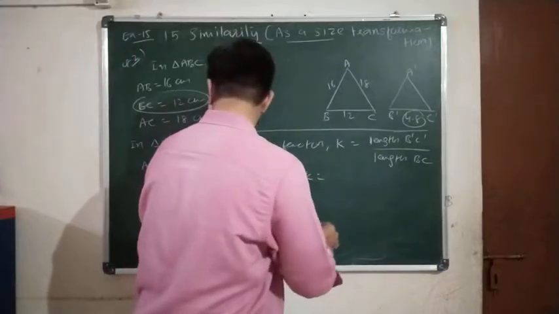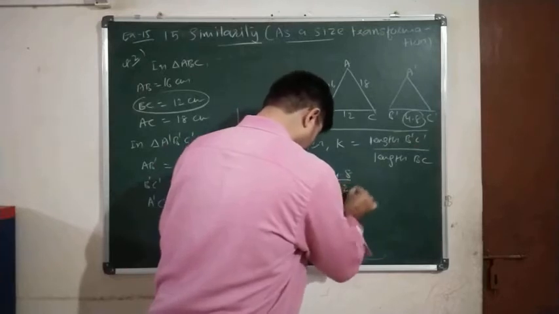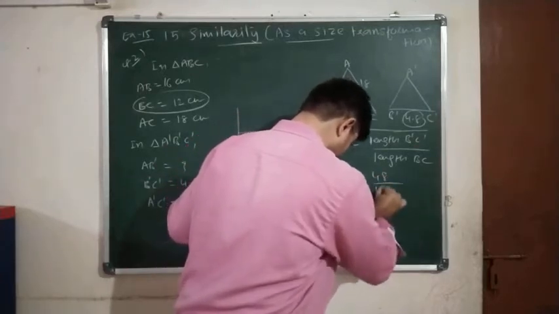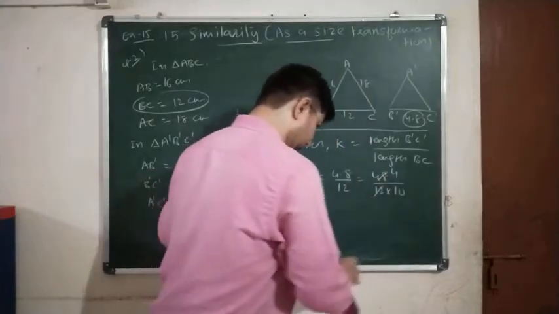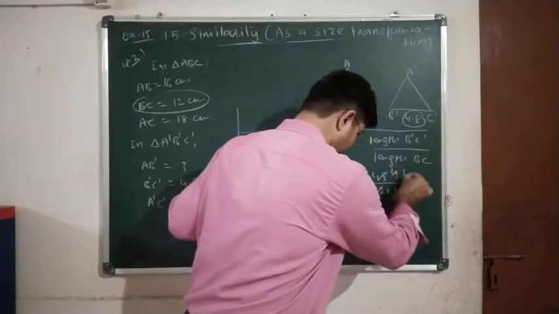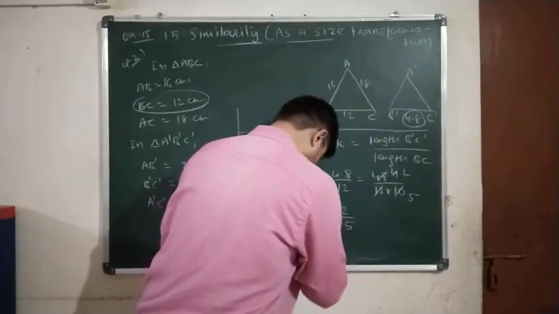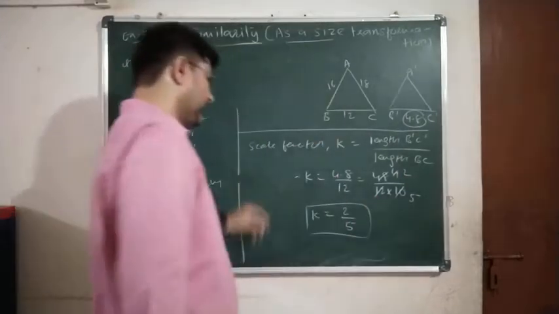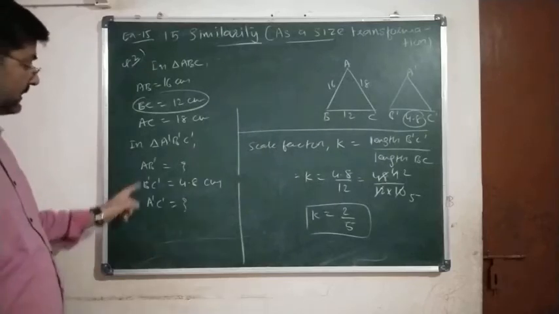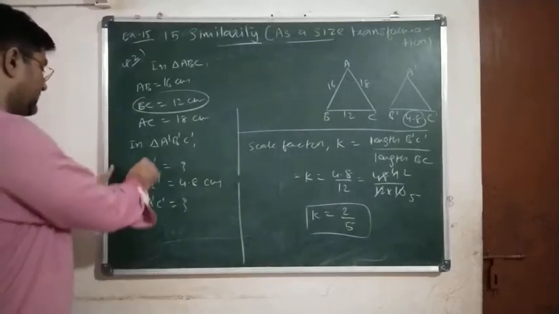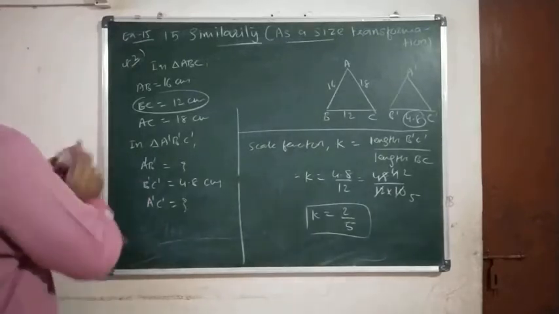Therefore K is equal to 4.8 by 12, so 48 by 12 into 10. Okay, so 2 2s are 2, 5s are, so first answer. Now it is easy to calculate the remaining two lengths, A'B' and A'C'. So now let us calculate.